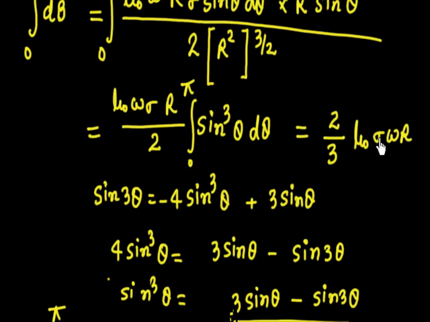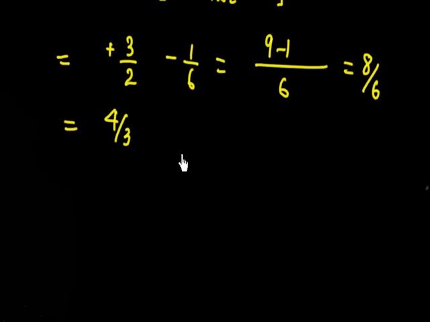Are you getting or not? Simply plug the value of this integration, which I have already calculated as 4 by 3. So now I can write the total magnetic field at the center, that is 2/3 of mu naught sigma omega r.